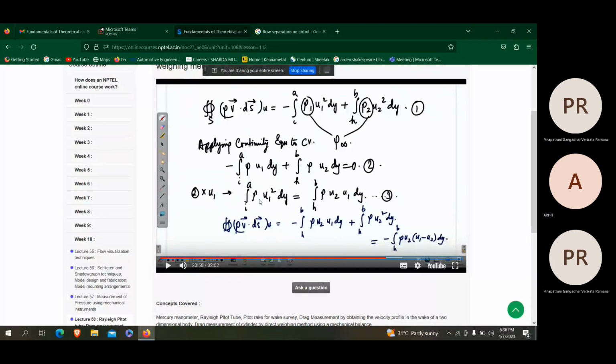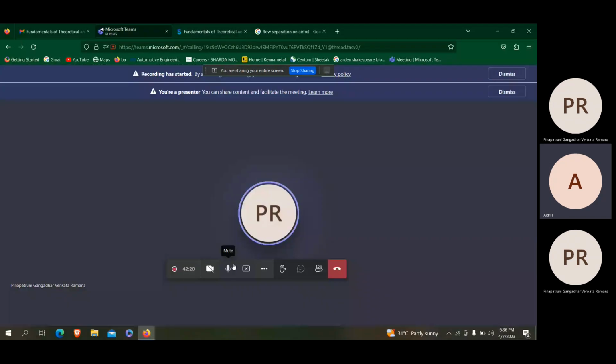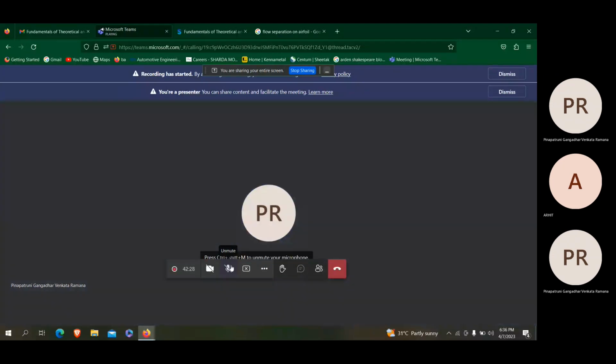Okay, this is the continuity equation. That is the momentum one. This is okay. U1 squared, just U2 squared. Just a second, sir.